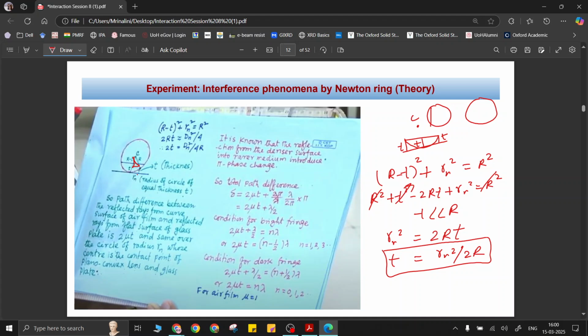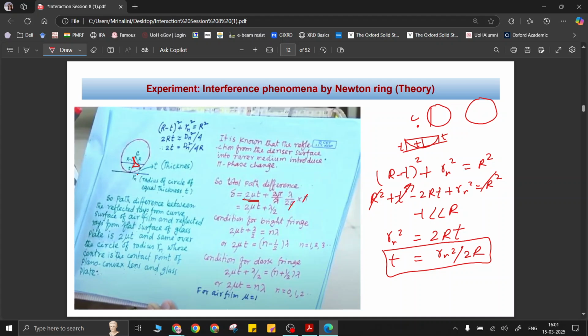And since the refractive index is different, we multiply it by mu. Along with that, since it's reflecting from an optically denser medium, we know pi is the extra phase difference, or pi times lambda by 2 pi, which is lambda by 2, that is the extra path difference.